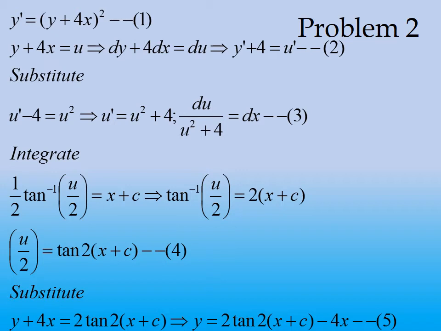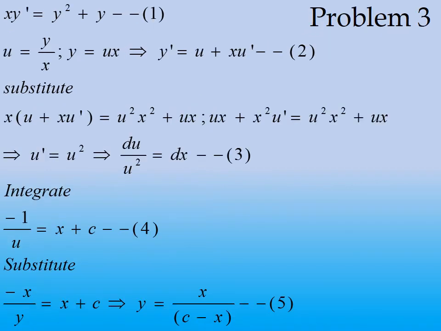Now you substitute u is equal to y plus 4x. Then you can get y plus 4x is equal to 2 tan of 2x plus c. That implies y is equal to 2 tan of 2x plus c minus 4x. This is the general solution of this ordinary differential equation.